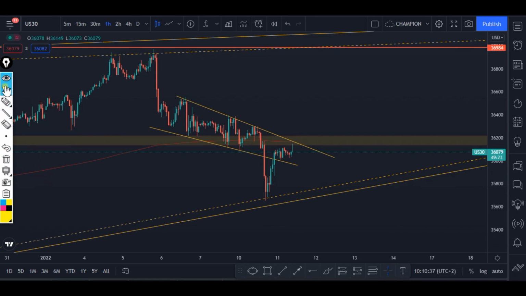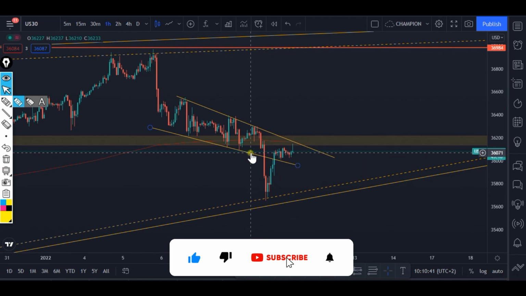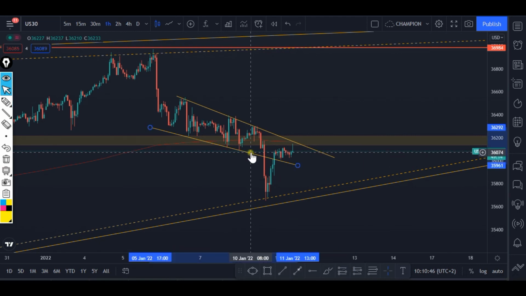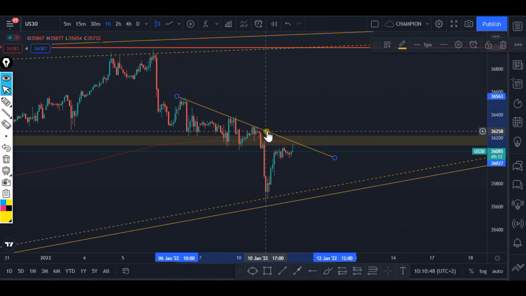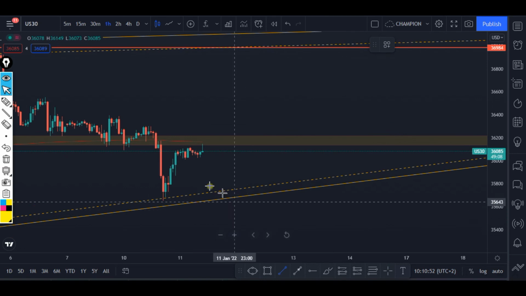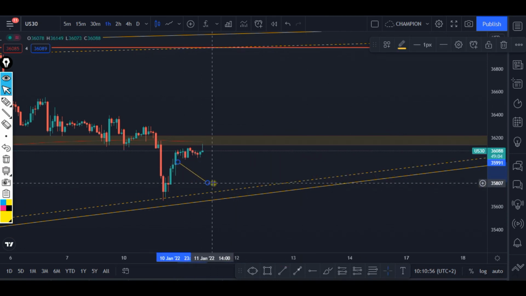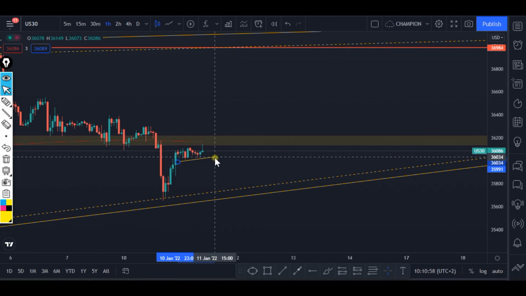But according to my knowledge, let me say my opinion, this market right here is giving us what we normally call the flag pattern.